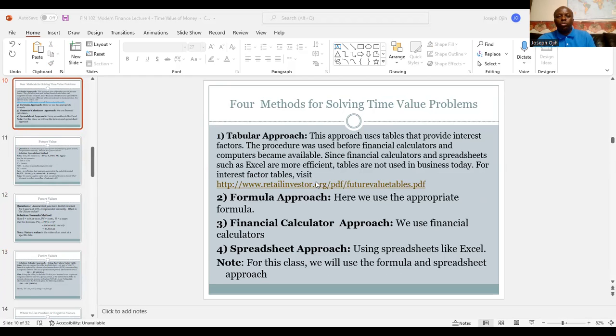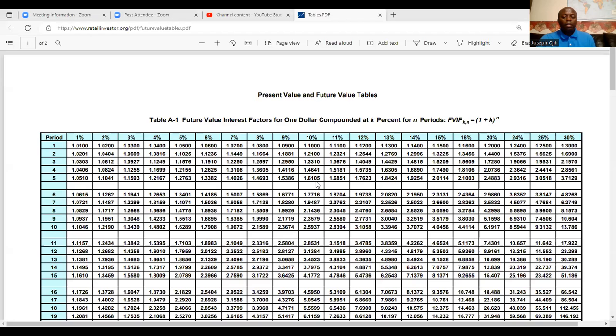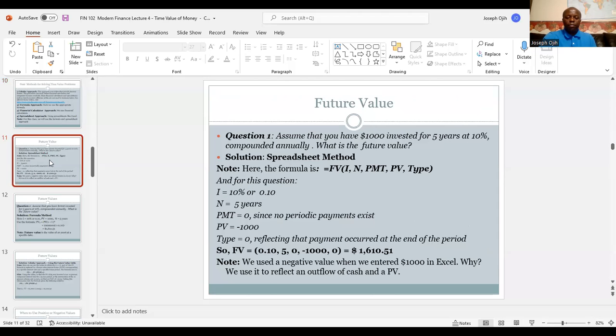I just wanted to show you how to do all of this using different methods. So I've shown you the Excel method and the formula method. So now let me show you the table method.